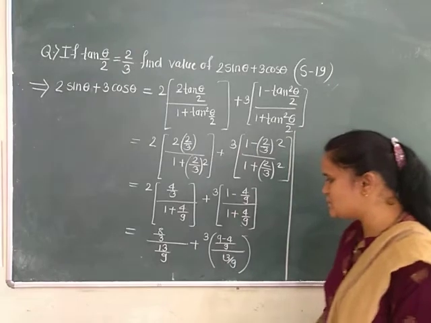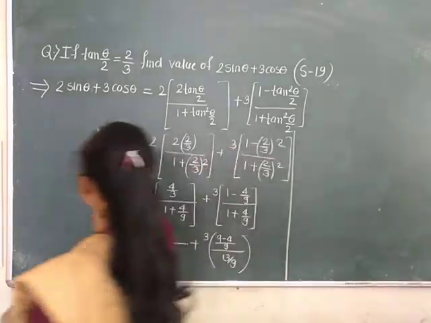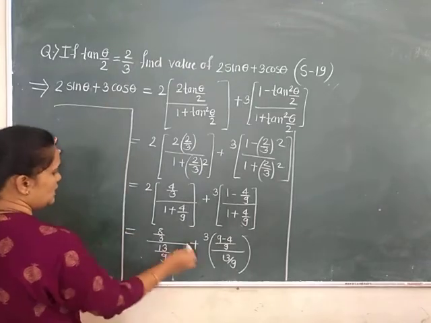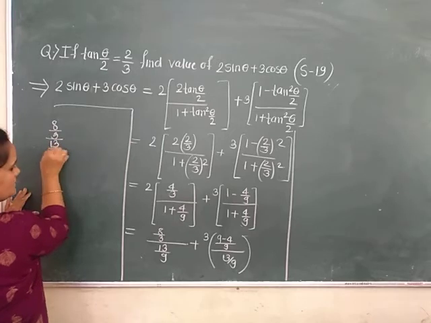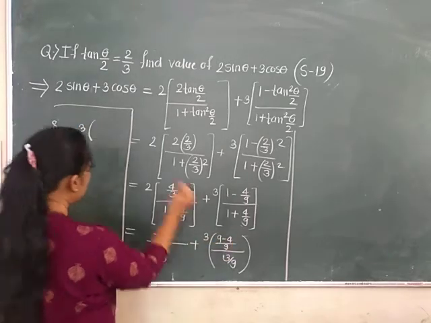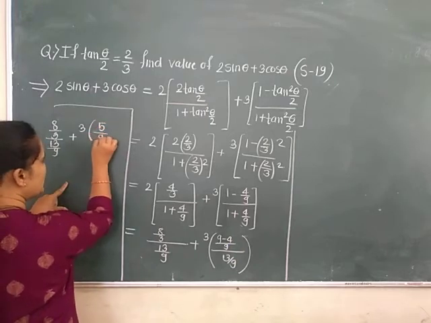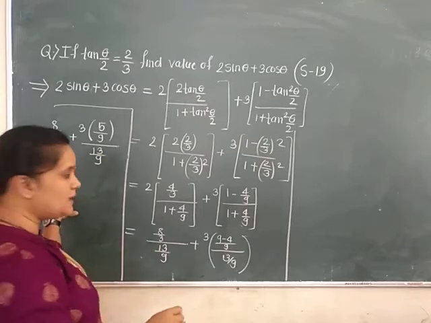Now it is equals to, how will we solve further? I will solve to this side. So this becomes 8 by 3 upon 13 by 9 plus 3 into the bracket, 9 minus 4 gives you 5 by 9 divided by 13 by 9 I can write.